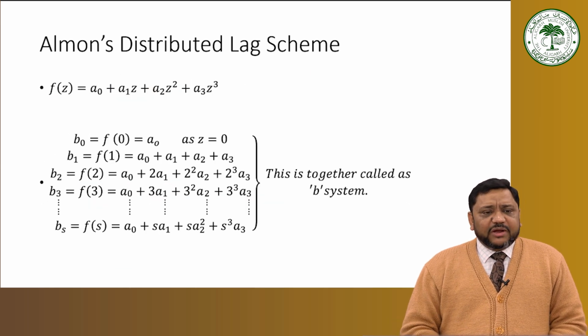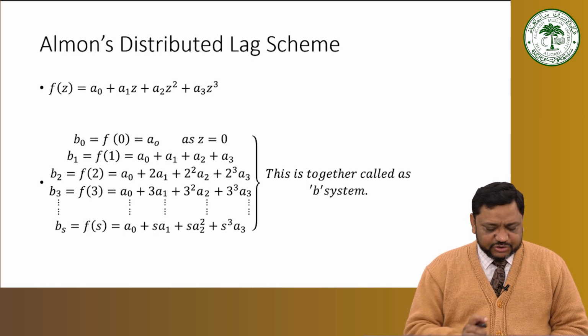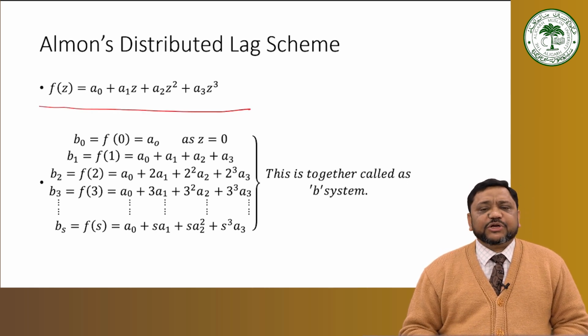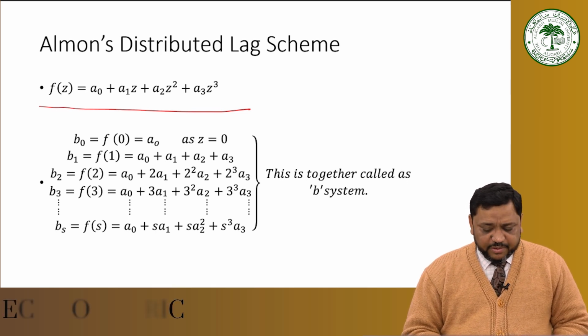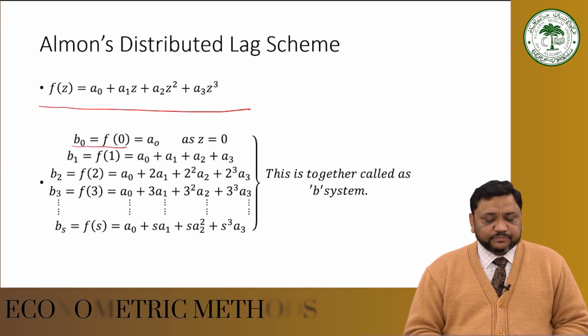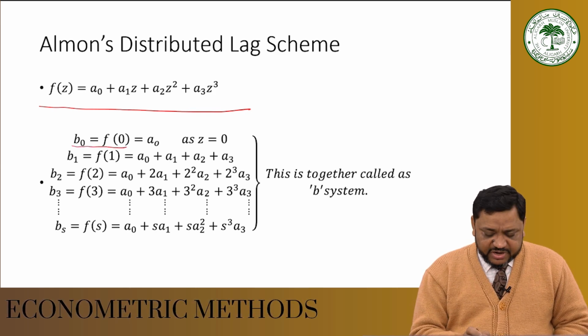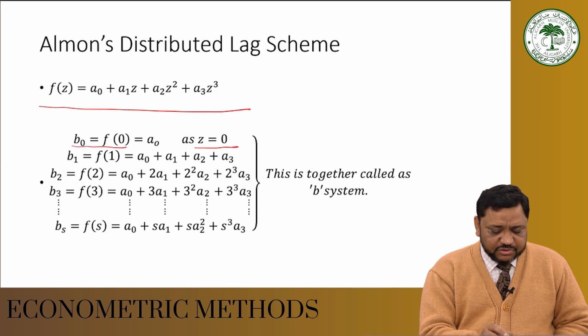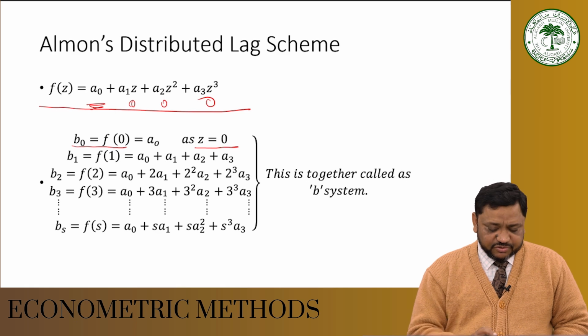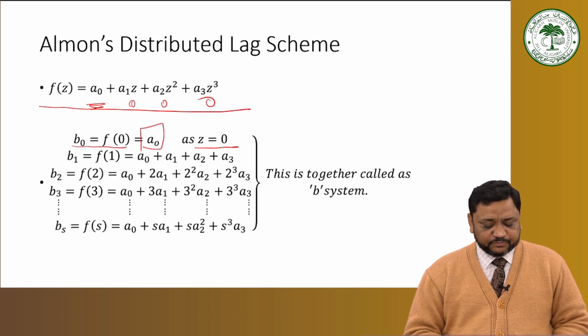Now let us have a look at it. What we are doing is approximating the betas by substituting the values of z starting from 0 and going on. When z is equal to 0, this is 0, this is 0, this is 0, and what is left is only a0.